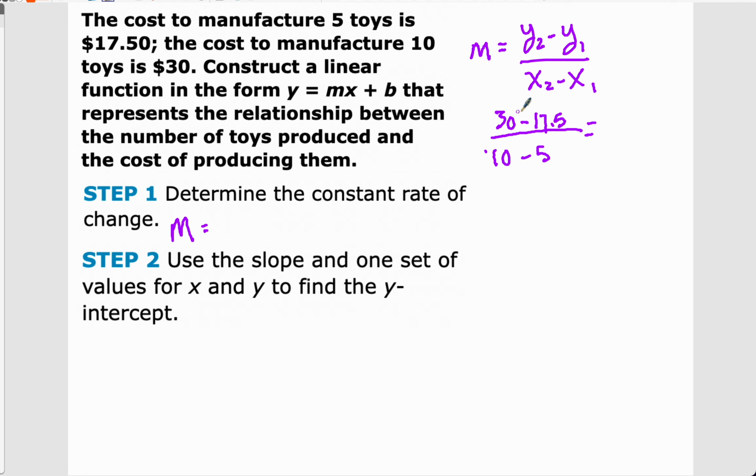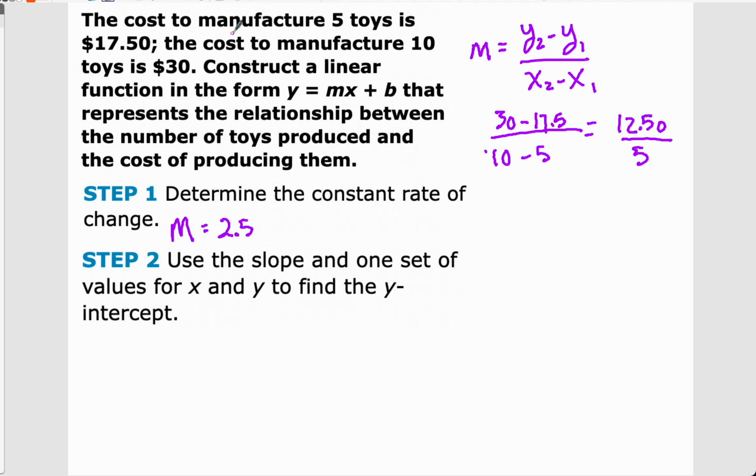So 30 minus 17 would be 13. That's going to be 12.50 over 5. 12 and a half divided by 5 would be 2.5. So our m value is 2.5.